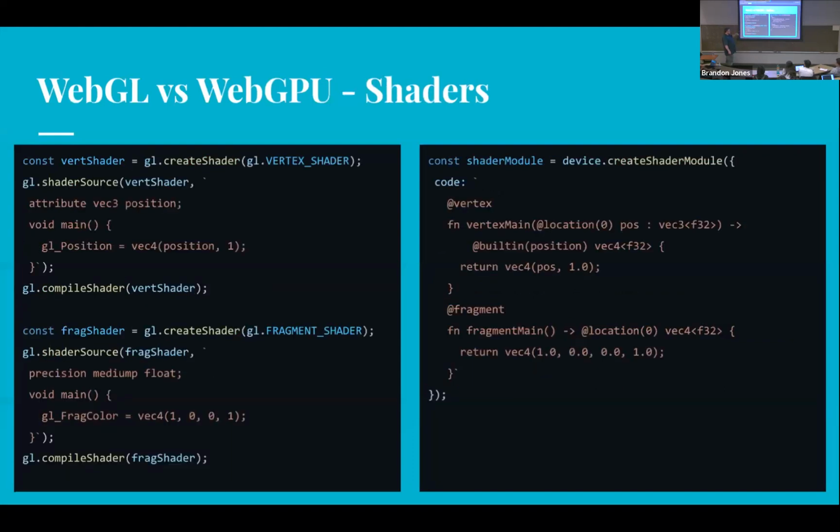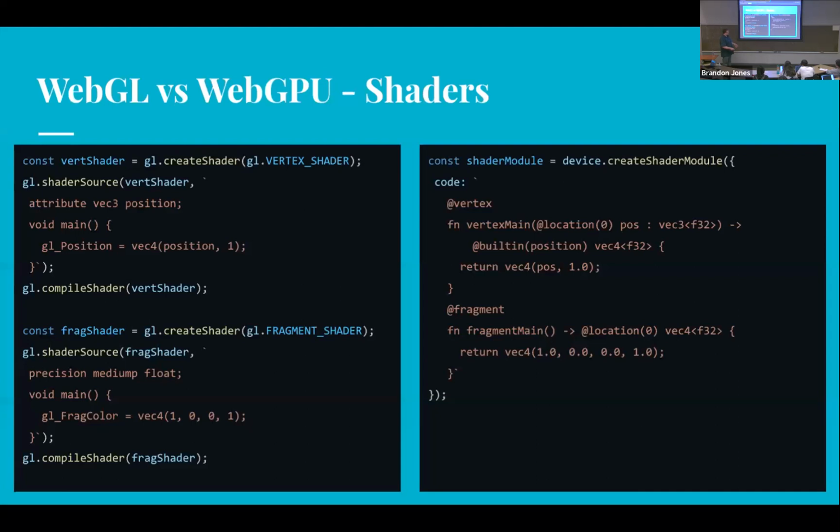Again, going to hand wave past a lot of these things. I just kind of want to give you a visual idea of how a lot of these things relate. Shaders in WebGL work very much the same way as shaders in WebGPU. We do use a different shading language now called WGSL. It was designed by the same team that's building out WebGPU itself, and it's designed with an eye towards working on top of all of the various backends that we have.